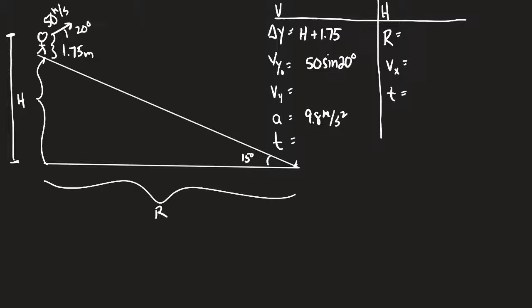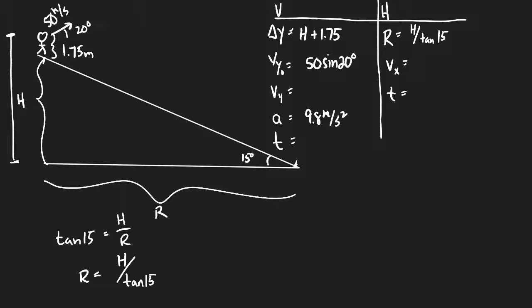In terms of h, based on the fact that tan 15 has to be h over r, I can say that r is h divided by tan 15. So I'm going to put h over tan 15.